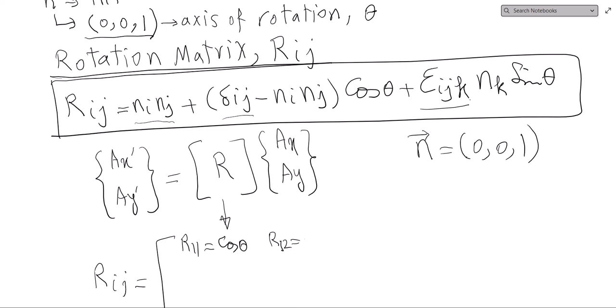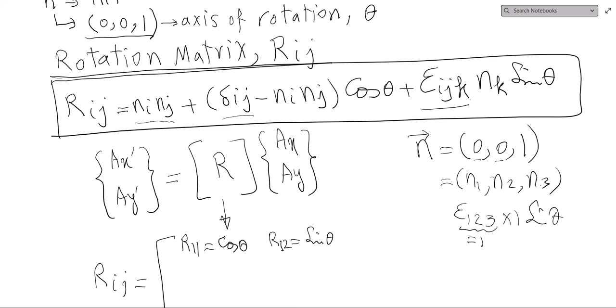If I write n1, n2, n3, then delta 1, 2 is 0, so the first two terms cancel. But epsilon 1, 2, 3 becomes 1, and n3 is 1, times sine theta. So I get the sine theta here.